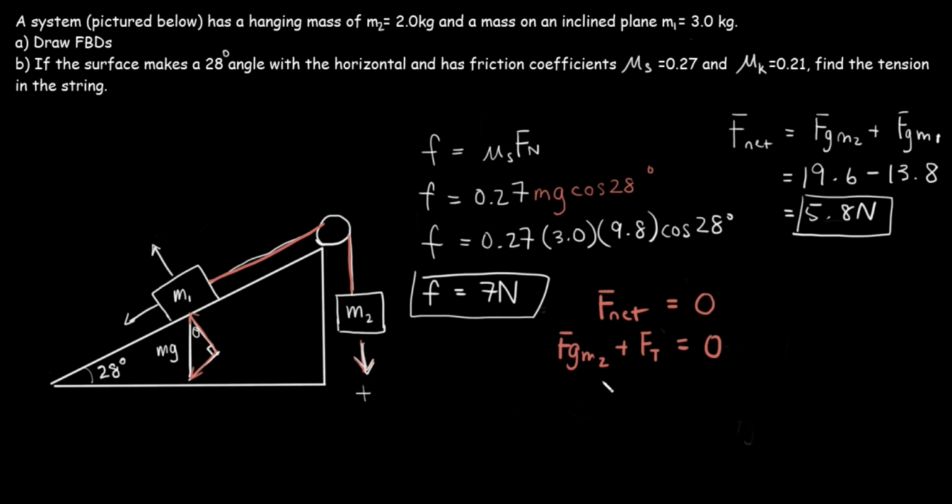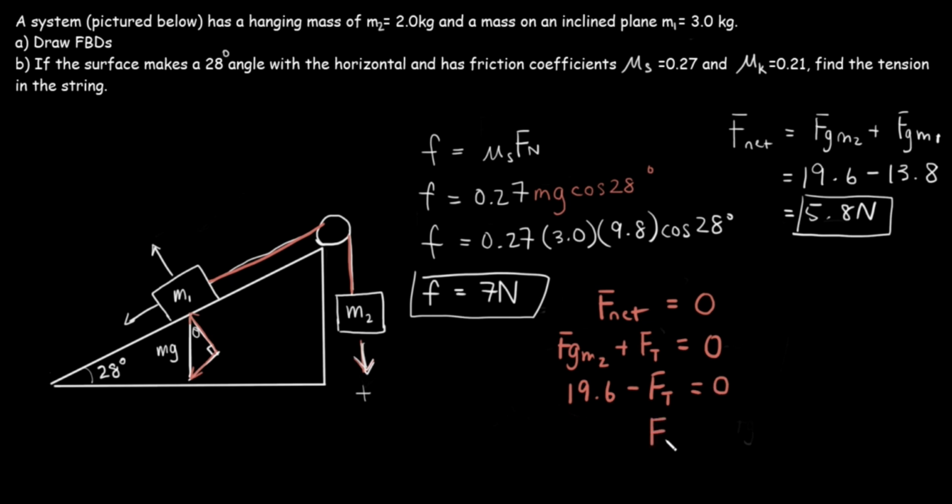So let's plug in what we have. So the force of gravity of M2, well, that's the mass times 9.8, which is 19.6. And since the tension is going in the opposite direction, we're using minus. And as you can see, 19.6 minus what is going to be equal to 0?